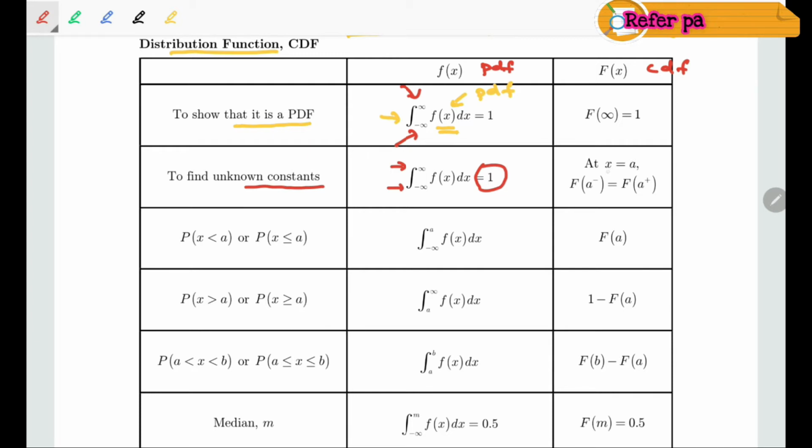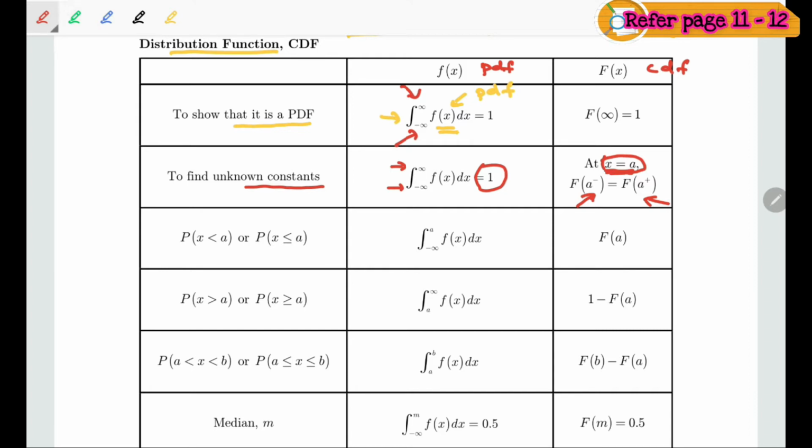You need to substitute a value, which depends on the interval in the question. Then we compare the substitution of that x from the left side and from the right side. We compare these two values in order to find that constant.